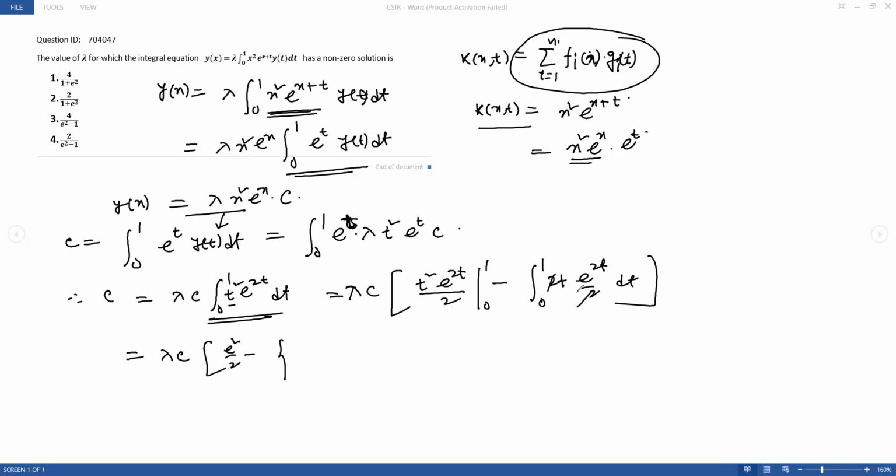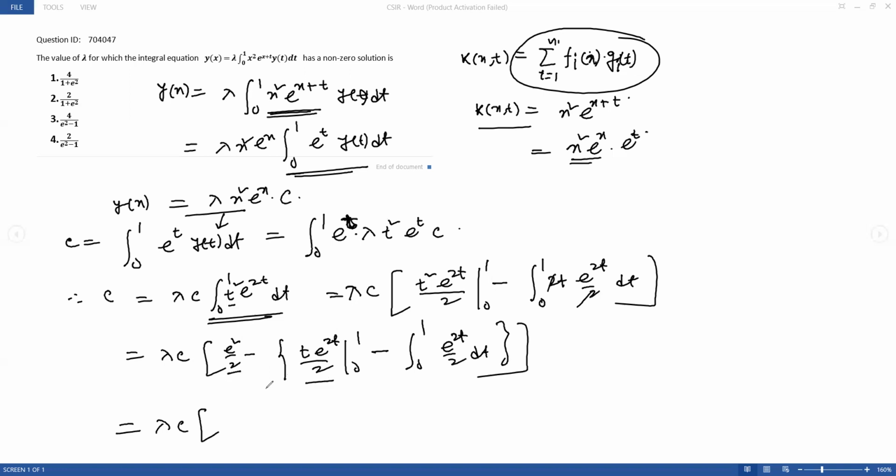which can be written as, this again we can integrate by parts. So t e to the power 2t by 2, with limit 0 to 1, and integration 0 to 1, derivative of the first function, that is derivative of t, which is 1, times e to the power 2t by 2 dt. So lambda c. So here we also get e square by 2, and this e square by 2 and e square by 2 will be cancelled out.